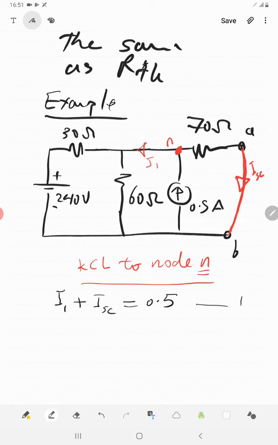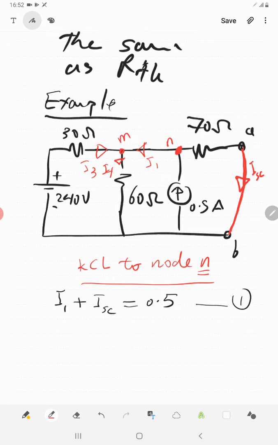Let's say this is equation number 1. Let's assume that we have I3 here and I4 here, and assume the node here is M.